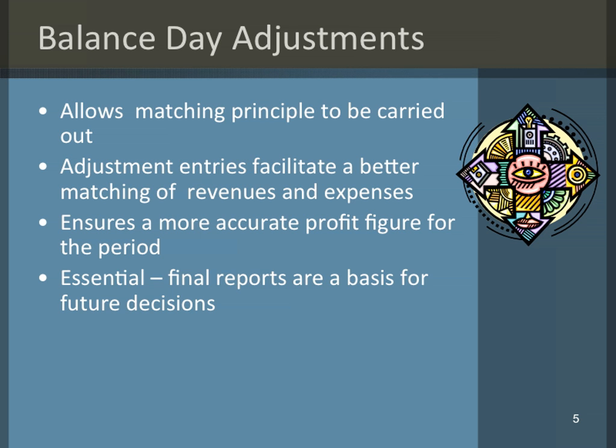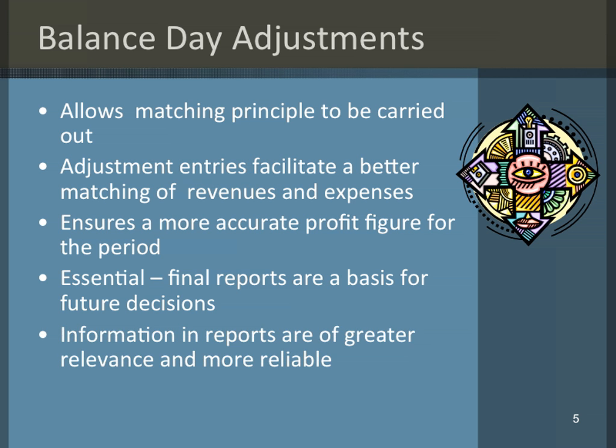If those future decisions are based on poor records, then you're going to compromise your business's performance in the future. So it's really important that you can be confident that the profit that you are recording is accurate. And the application of the matching principle, requiring adjustments made to those accounts, is what needs to occur. That way you're going to ensure that reports will be more relevant and more reliable.